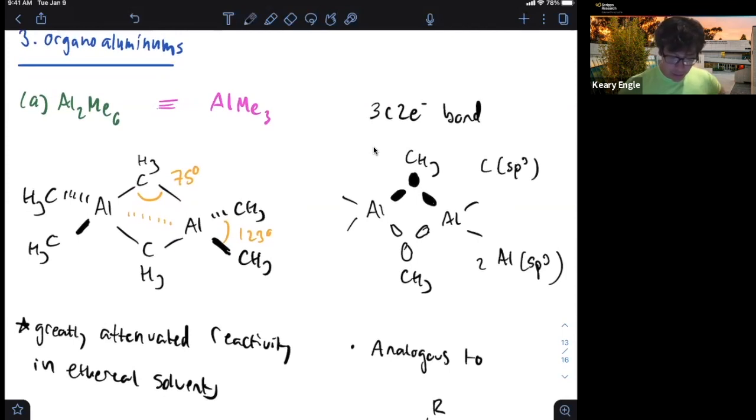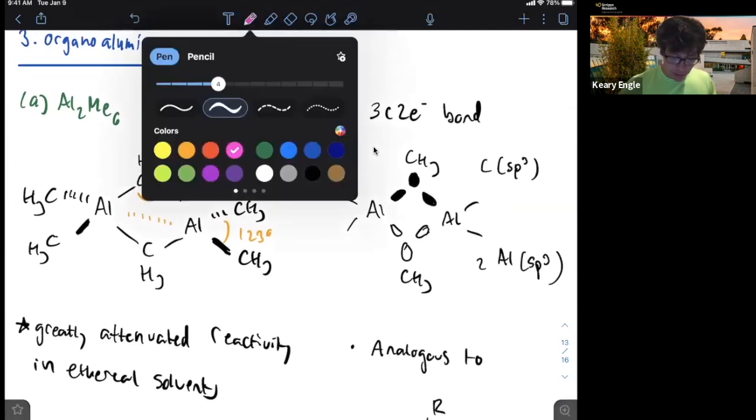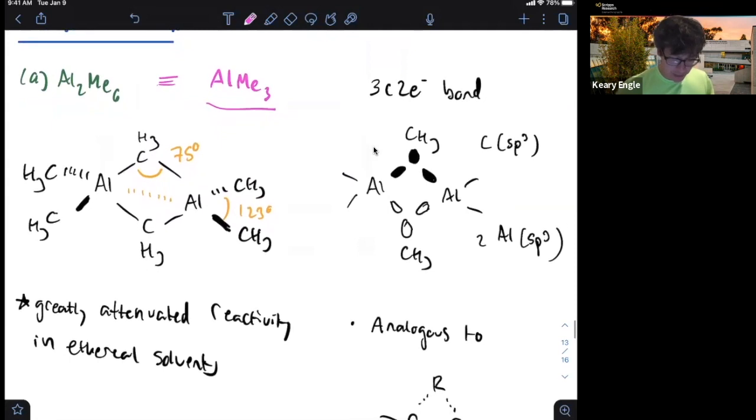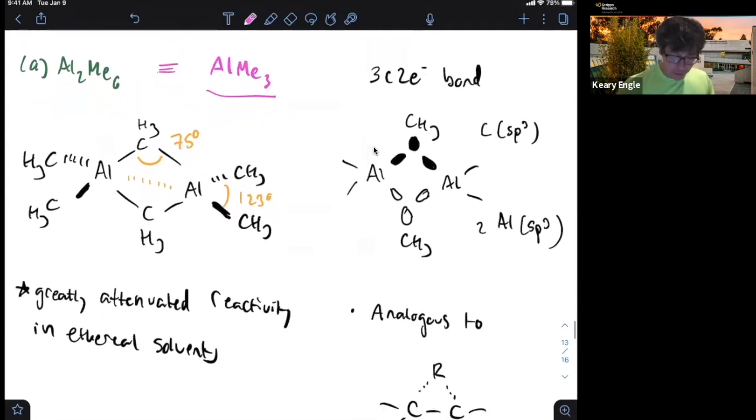So the archetypal example here is trimethylaluminum, which perhaps you're all familiar with, often drawn with the molecular formula AlMe3, but in practice, this is a dialuminum hexamethyl species of the structure shown here.